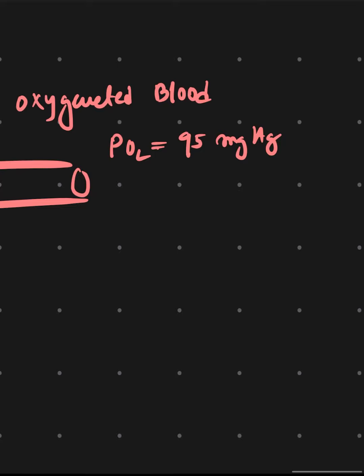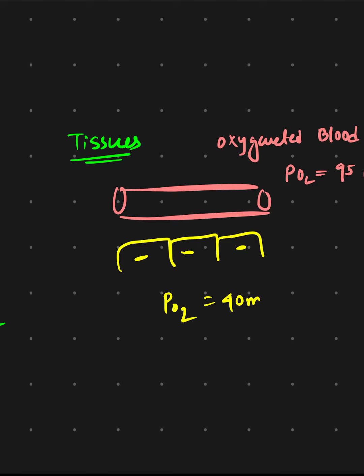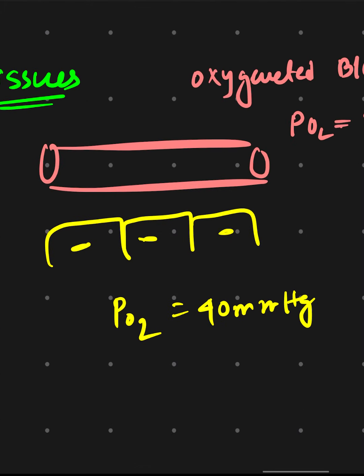And the tissues that are surrounded here have partial pressure of oxygen around 40 mmHg. So now what happens, as you have guessed already, is that the oxygen from the blood capillaries diffuses to the tissues.